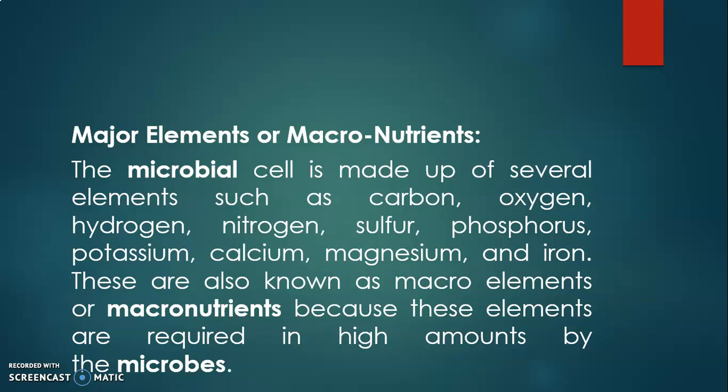The microbial cell is made up of several elements such as carbon, oxygen, hydrogen, nitrogen, sulfur, phosphorus, etc. These are also known as macro elements or macronutrients because these elements are required in high amount by the microbes.